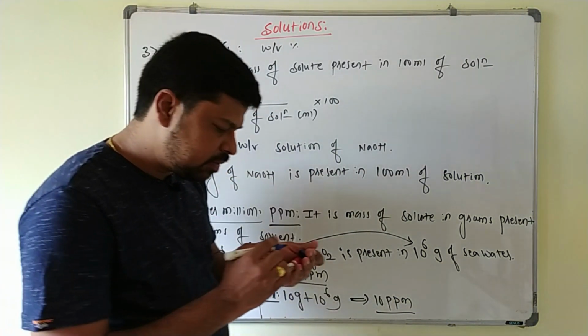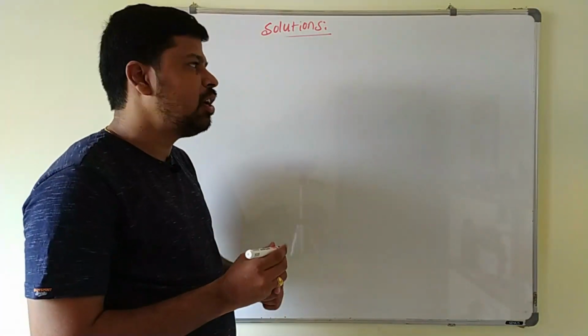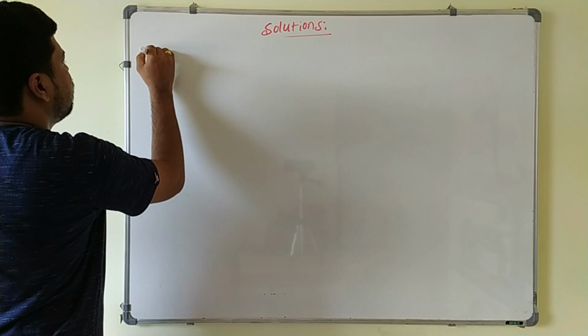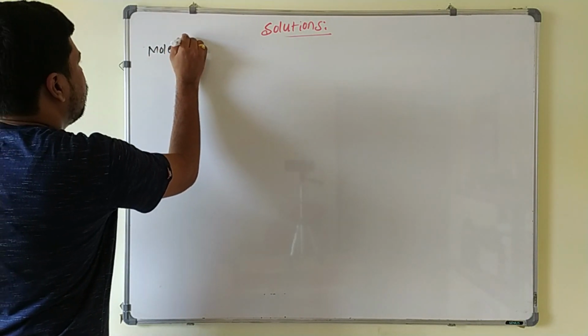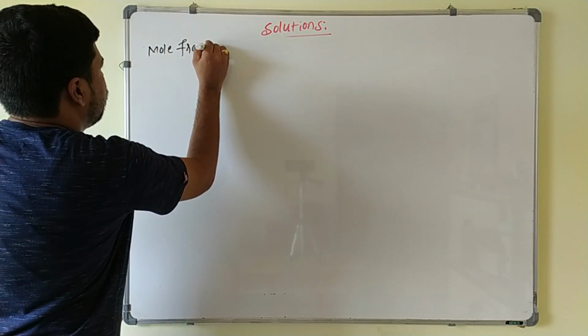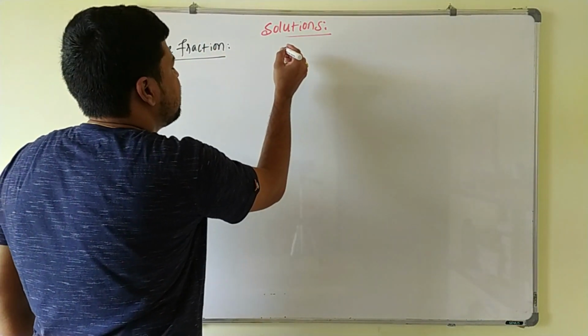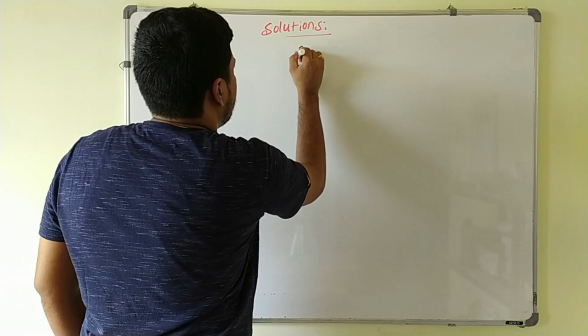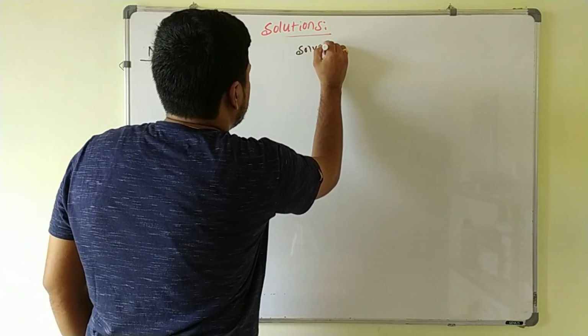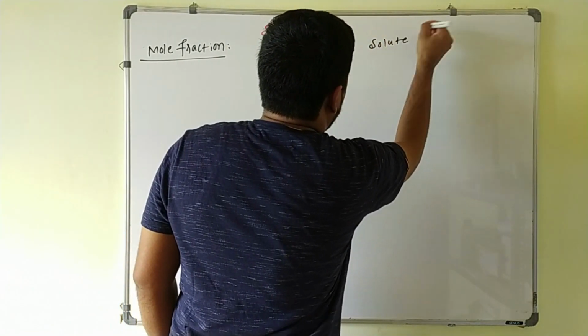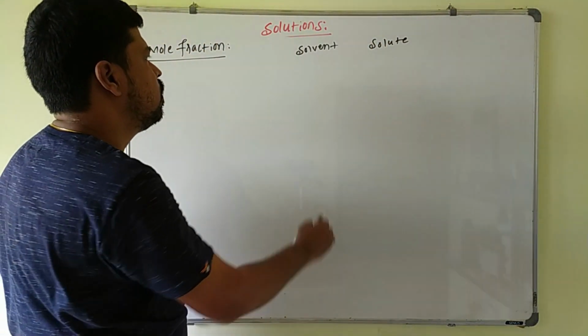Next important concentration term is mole fraction. We already know that in a binary solution, component 1 is the solvent and component 2 is the solute.